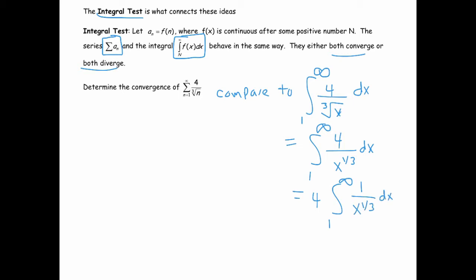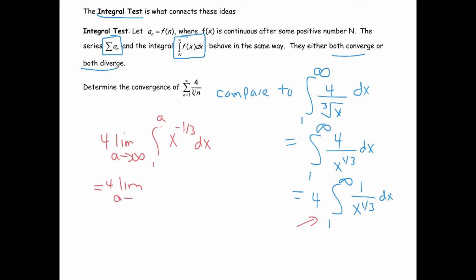We know how to handle this integral here. Let's analyze that. So we're going to write that as 4 times the limit as a goes to infinity, of the integral from 1 to a. And let's write this as x to the negative 1/3 to make the antiderivative easier to take.